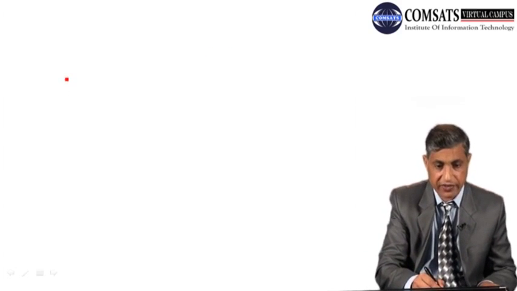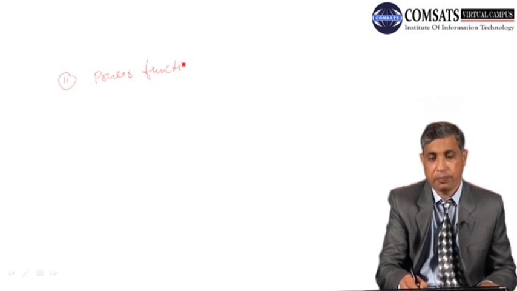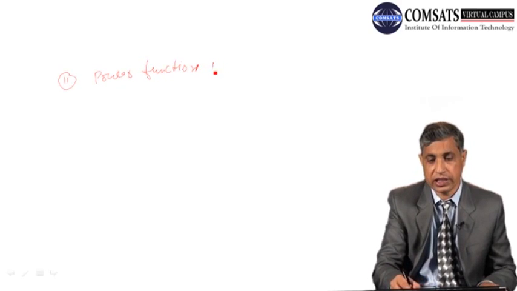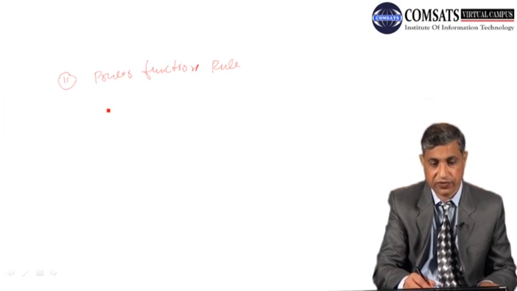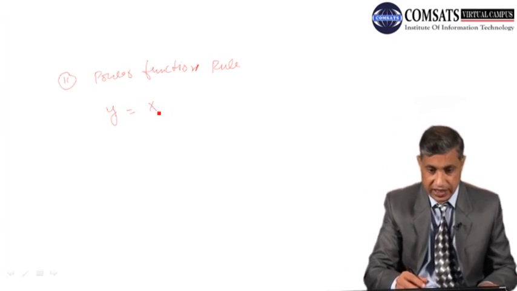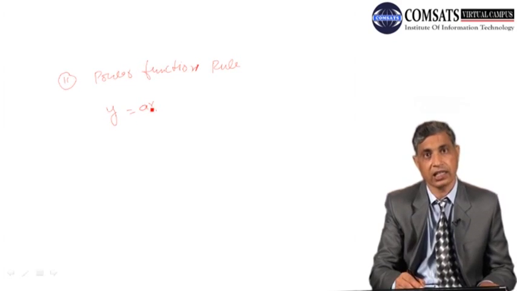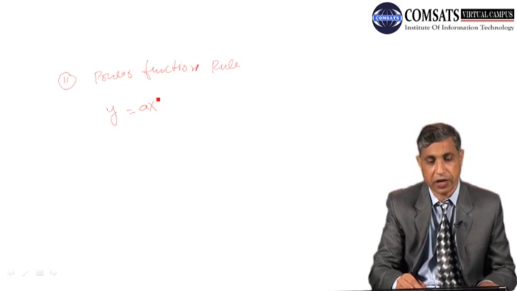The second rule of derivative is called the power function rule. The power function rule says that if y is equal to a x to the power n, here a is its coefficient and n is its power.